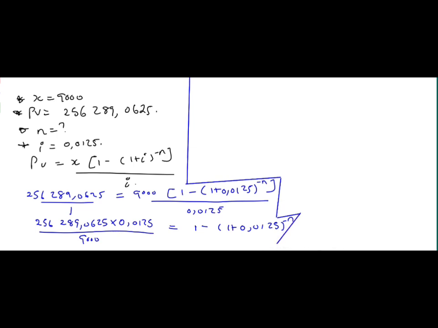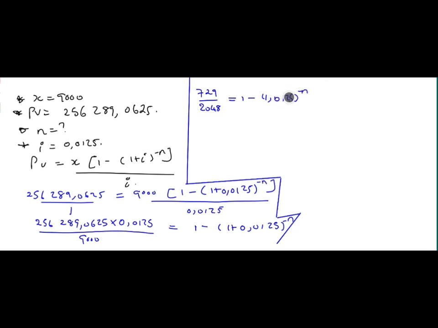I'm going to try to squeeze as much space out of this as I can. So I'm going to have this whole thing simplified to 729 divided by 2048. That's now equated to 1 minus the sum there, which is 1.0125 to the power minus n.